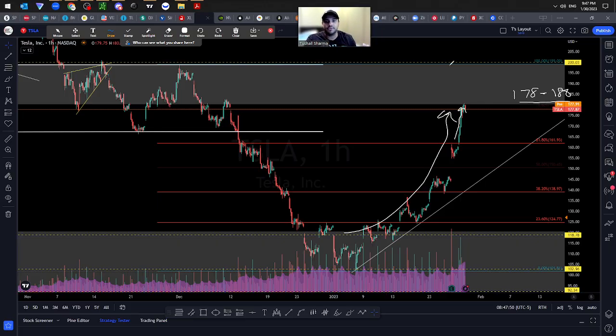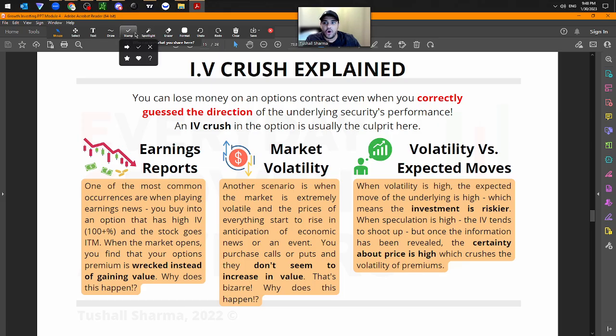I bet you guys have been through these scenarios where you buy an options contract and you see the price of the premiums are not really moving, right? Why does this happen? Well, it happens because there are too many people in the trade. The implied volatility of that chain is too high, causing everybody to be holding contracts and not enough expansion of IV, right?